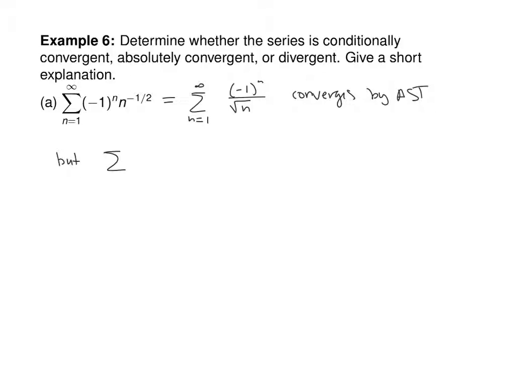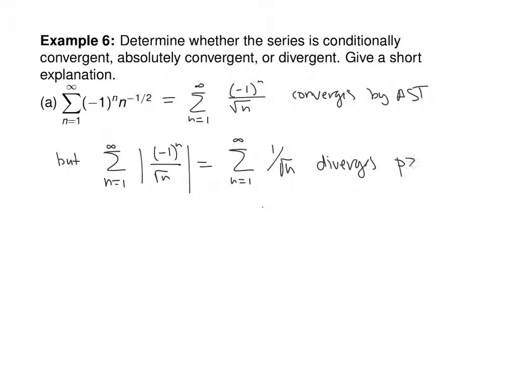But the sum from n equals 1 to infinity of its absolute values, that's equal to the sum from n equals 1 to infinity of 1 over root n, that diverges. P is not bigger than 1. So because the series itself converges, but the sum of its absolute values does not, this is an example of a conditionally convergent series.